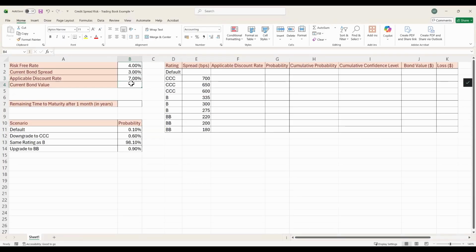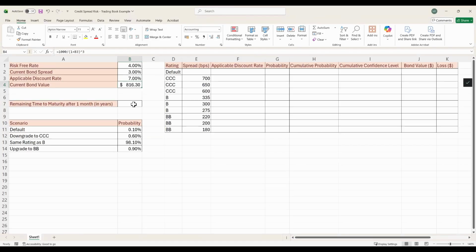And we found out the current bond value by taking 1000 and of course dividing it by 1 plus 7% whole raised to the power 3 years, because currently 3 years are left till maturity. So we get 806.30 as the current value of the bond with a 3-year maturity.